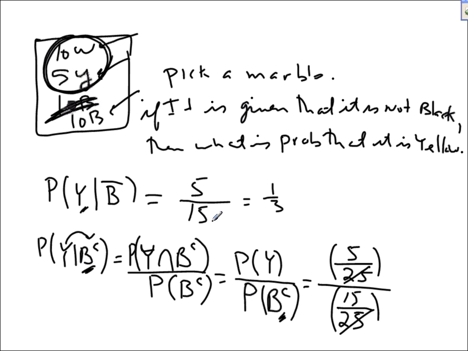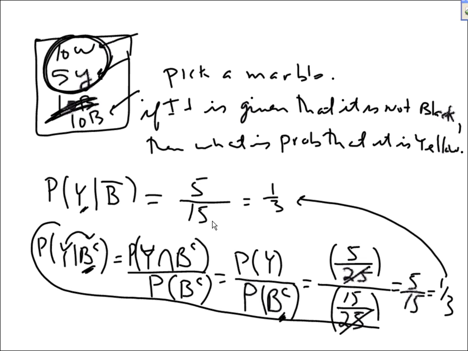The 25s cancel. You get 5 over 15, which is 1/3. Much, much more work doing this than the line above. Okay, so let's try the next one.